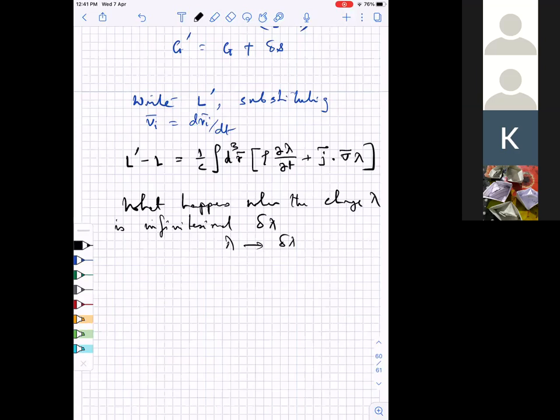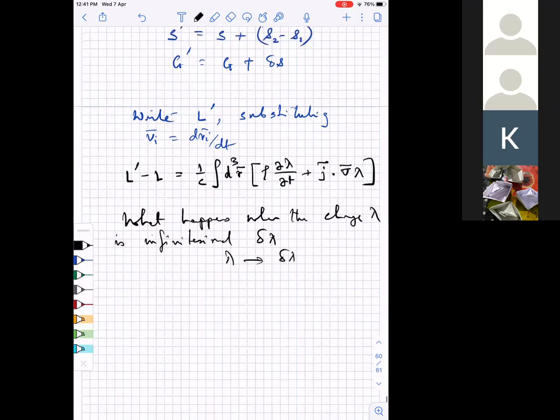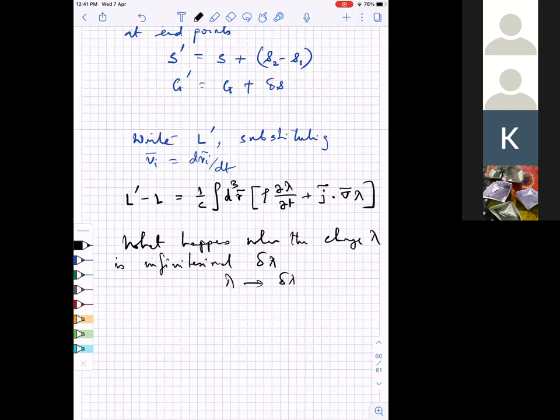So if I do this, then you will see that my delta S, remember I had a delta S defined over here.